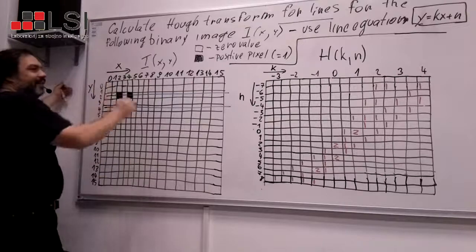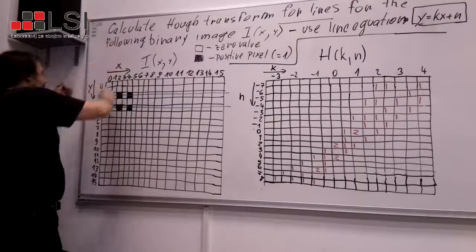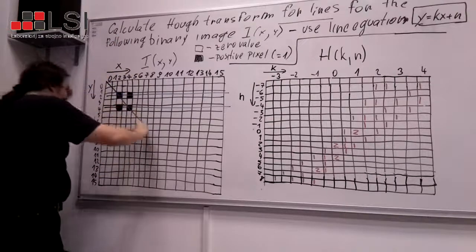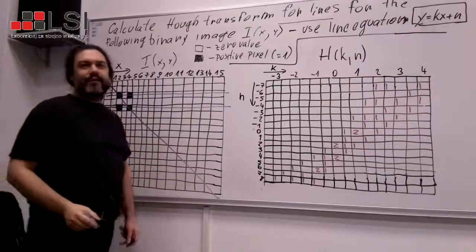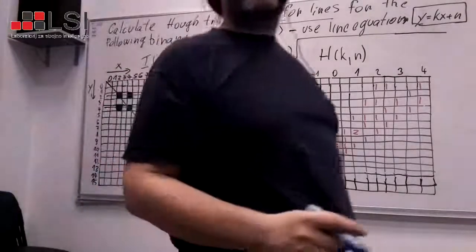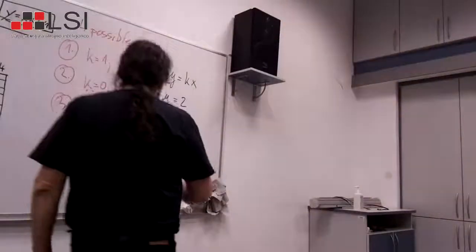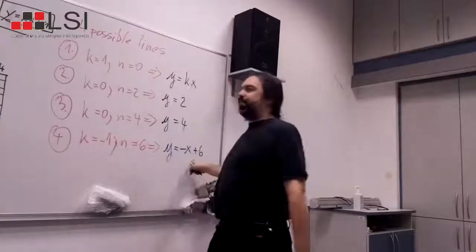So this line, y is kx, actually is that line. Again, bingo. This is certainly a correct prediction, right? And then the second one we can just draw without thinking, minus x plus 6.